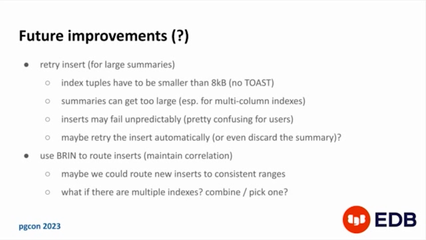And it's also a bit unpredictable, right? Because you will try to insert the tuple, it will fail. You will try to insert it again, it will get routed to a different part of the table, and it will succeed, because it happens to combine with a different summary, and will be fine. So it's unpredictable, and it would be good to fix this and improve the user experience, because right now, the only thing the user can do is retry, retry, retry.